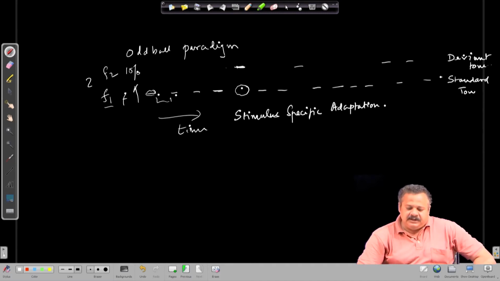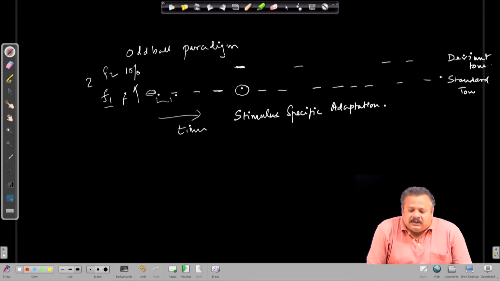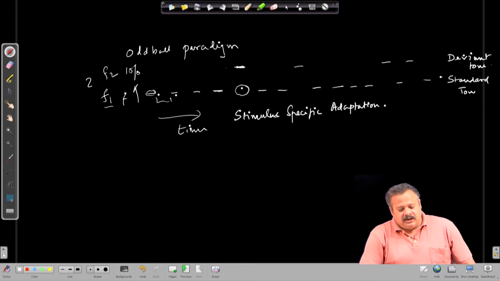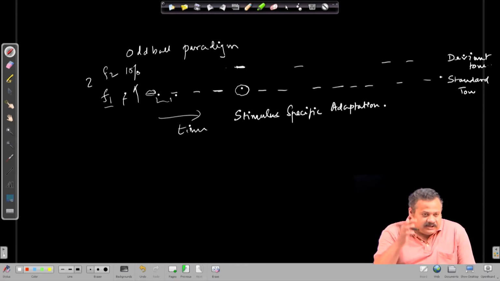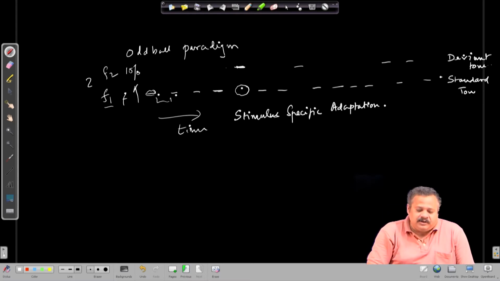Because of the repeated presentations of the standard tone, the neuron that we are recording from has its inputs adapted to f1. The synapses that provide input along the neurons responding to f1 get adapted, and the ones responding to f2 are totally unadapted because it is not presented at all, and when we play the f2 sound, there is a much stronger response.